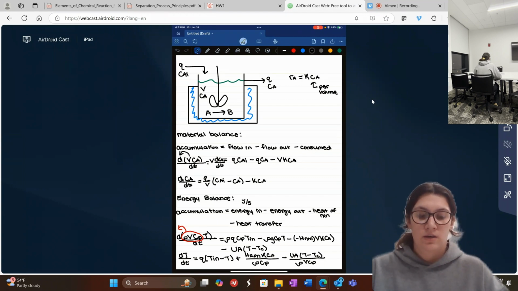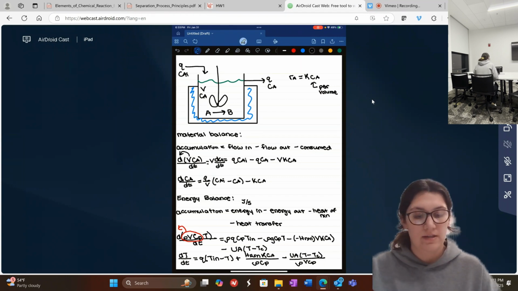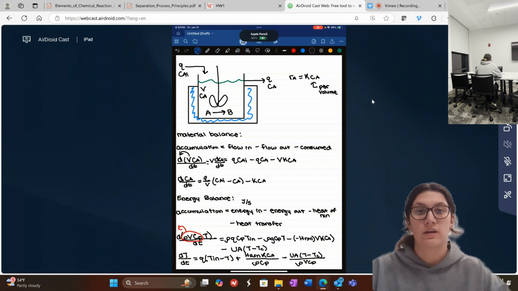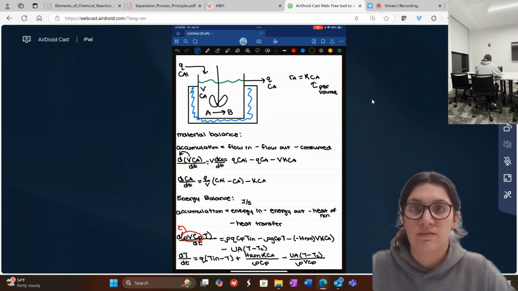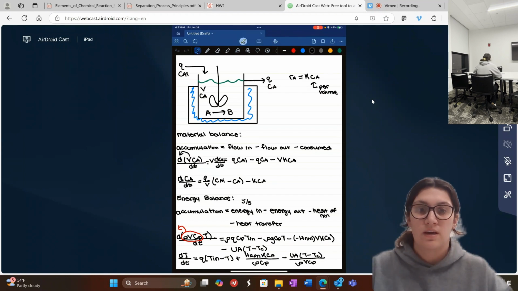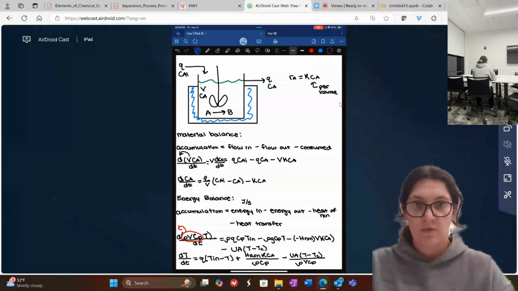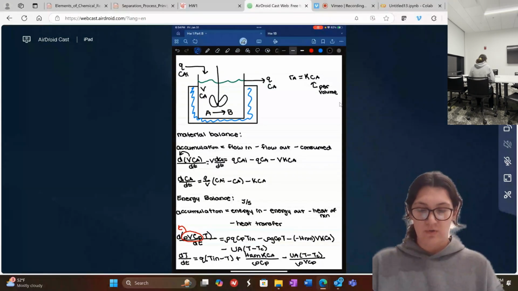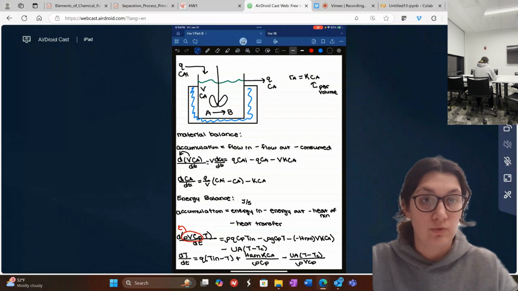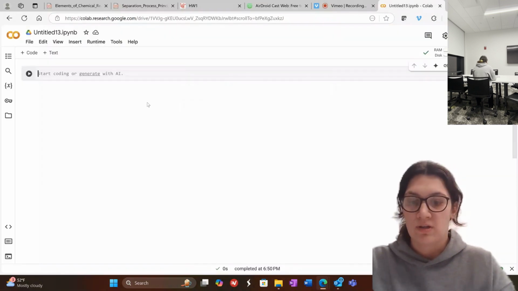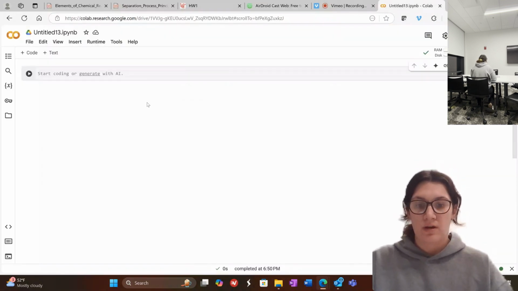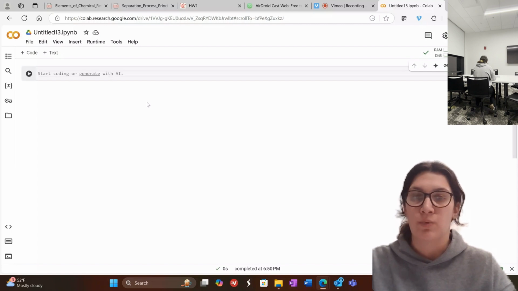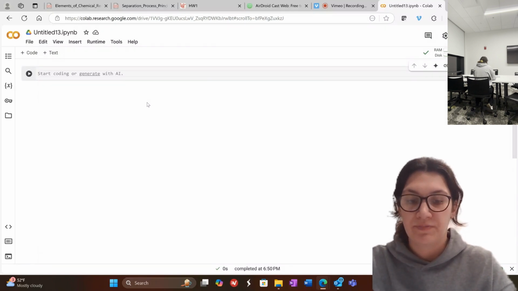There we go. Now we have our equations for our material and energy balances, and we are ready to go ahead and start modeling this reactor in Python using the values given to us in the problem statement. Now we are going to move over to Google Colab to write some of our code. First thing we're going to do is import the libraries that we need.